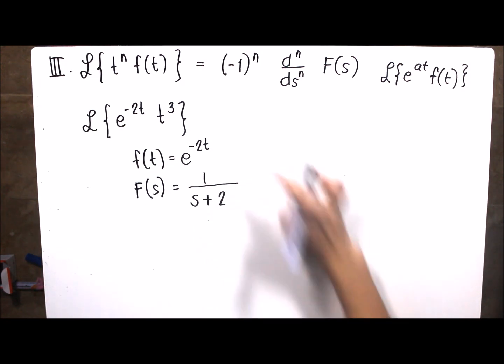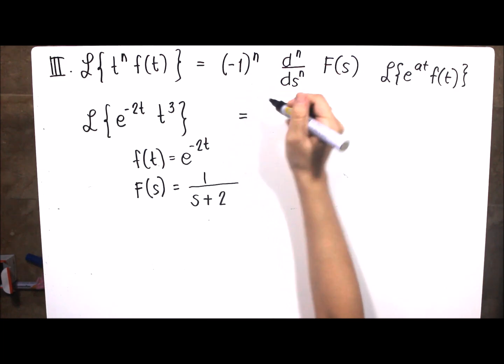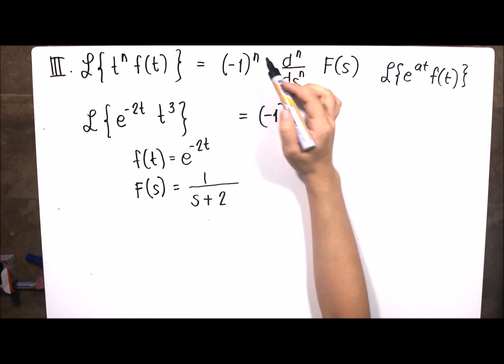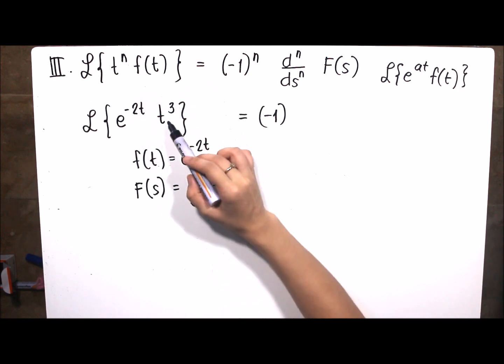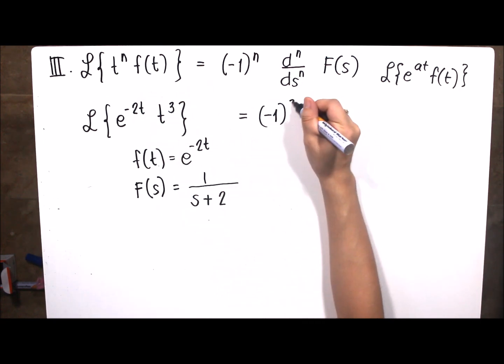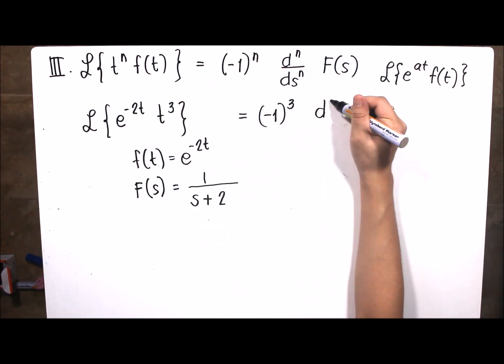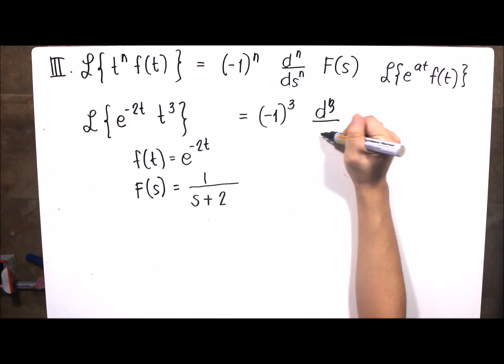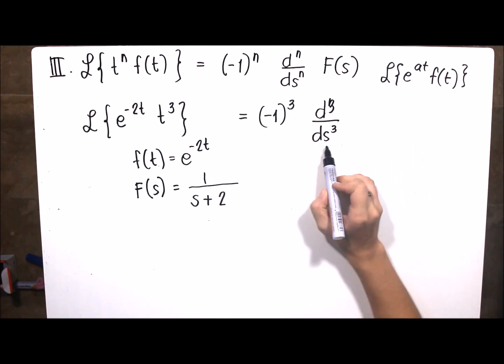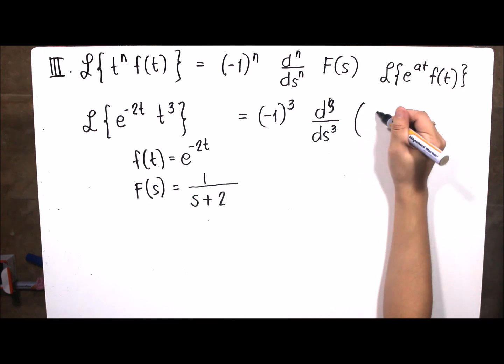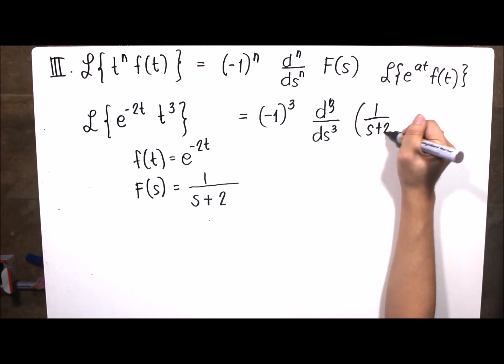Okay. Applying the formula, this will be negative 1 raised to n, where n is the exponent of t. Since this is cubed, negative 1 raised to 3. And then take the third derivative with respect to s of 1 all over s plus 2.